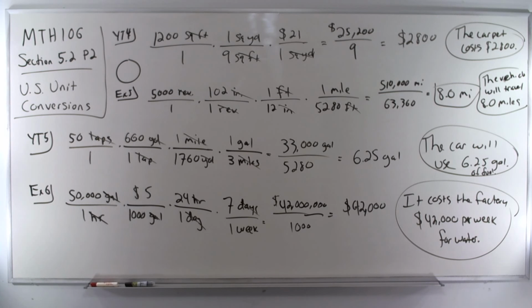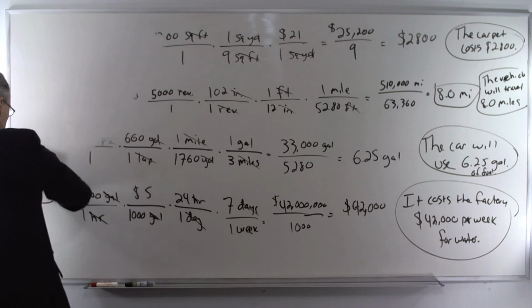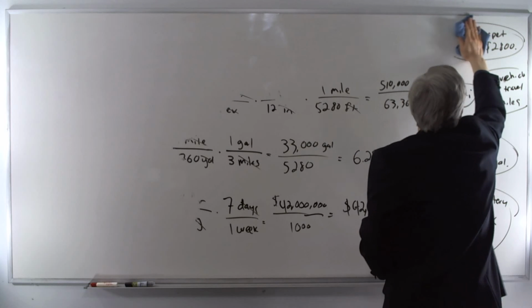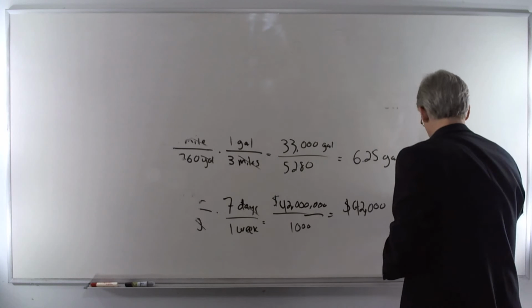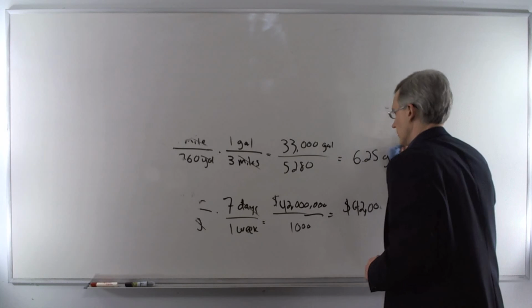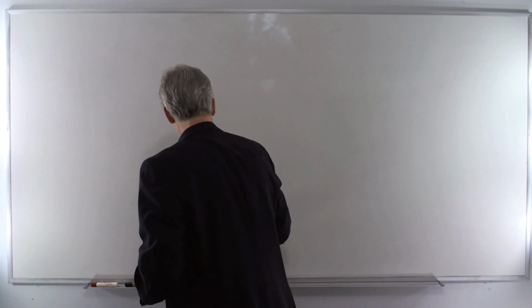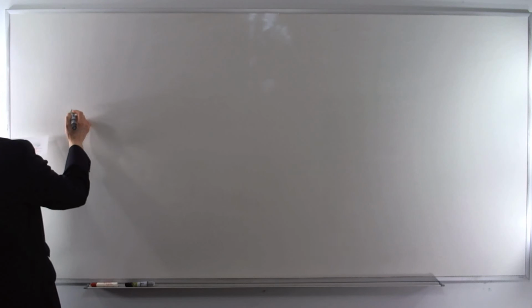Your turn, number 6. Part A, a server for a large web hosting company scans pictures for viruses that have been uploaded by users.